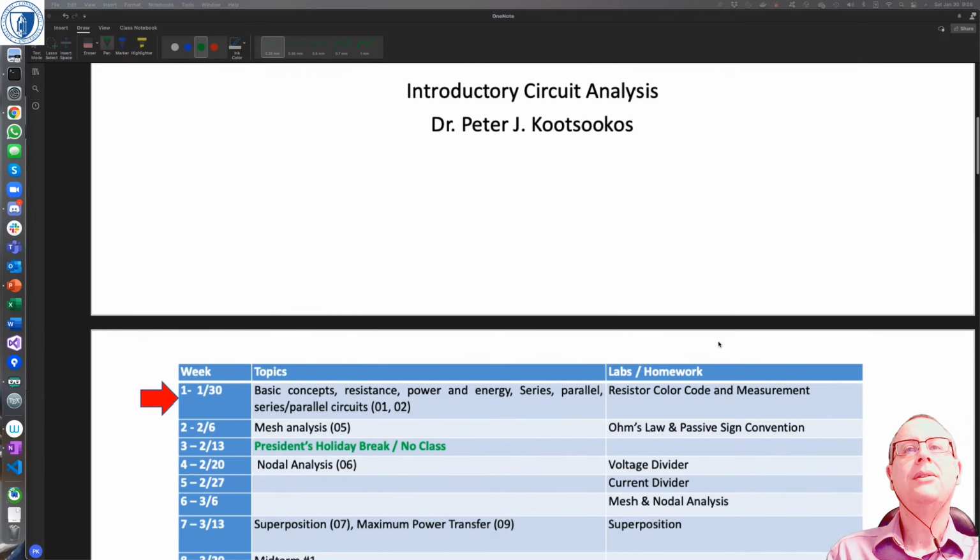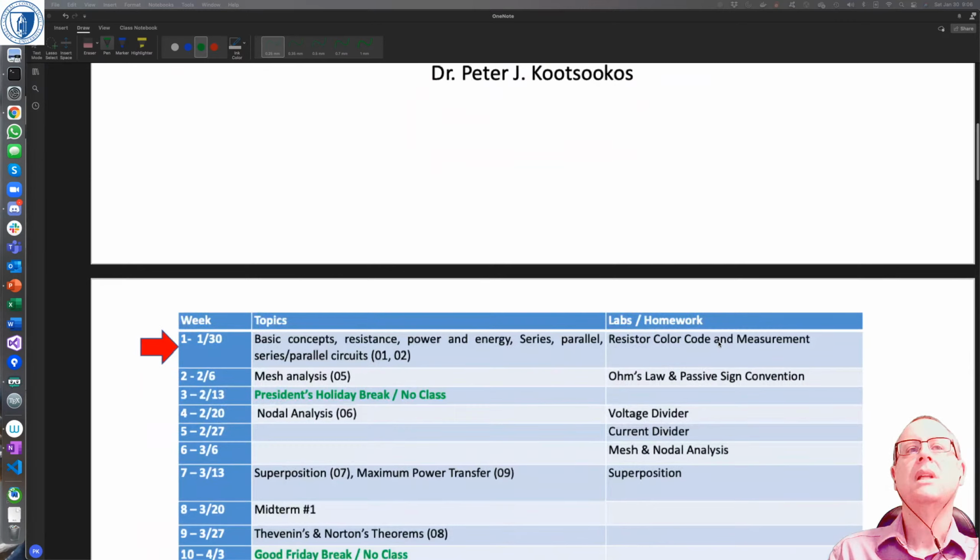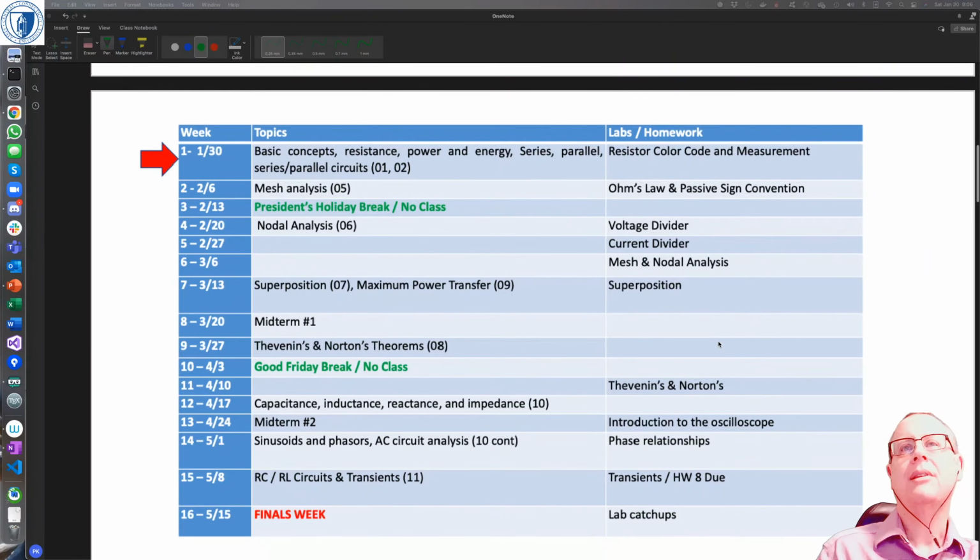Okay, so this is a slide that I'll probably roll out every week, and as we move through the semester, I'll grey out the top lines, and it'll give us some sense of where we're going.